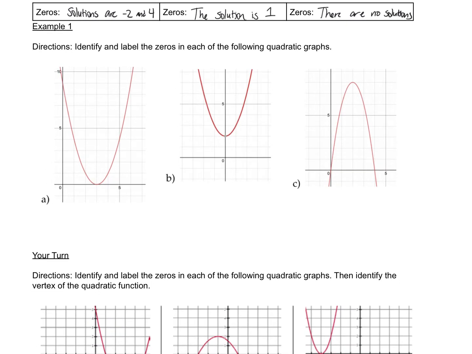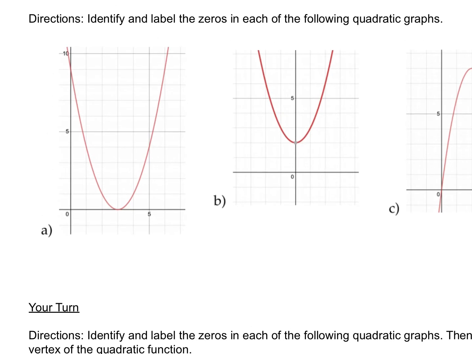So moving on to example 1, we need to identify and label the zeros in each of the following graphs. I already give you the graphs. All you need to do here is label it right here and identify what my solution is. So for this one, my zero, my solution, there's just one of them, and it's at x equals 3.